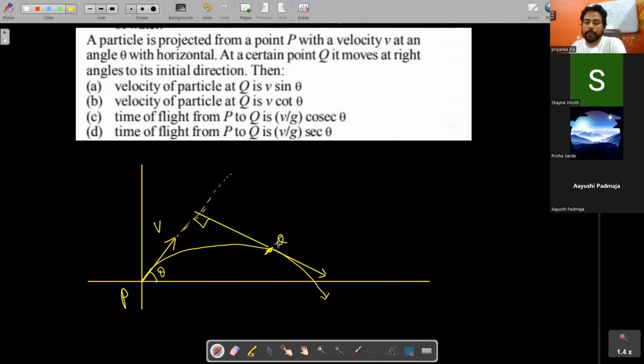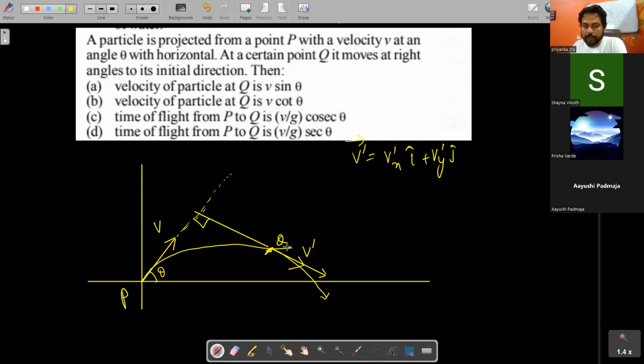So now you have to find the velocity at Q. Suppose the velocity at Q is V dash. So this V dash would be a vector quantity, V dash x i plus V dash y j.